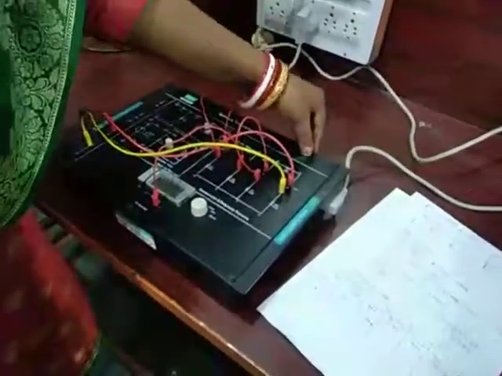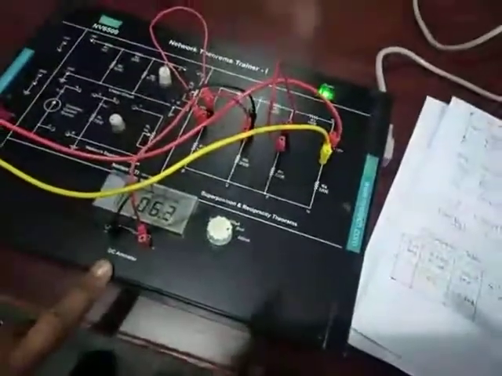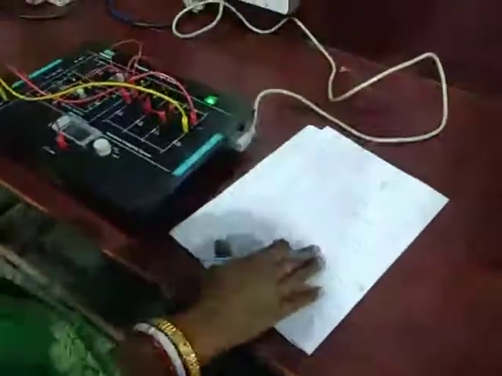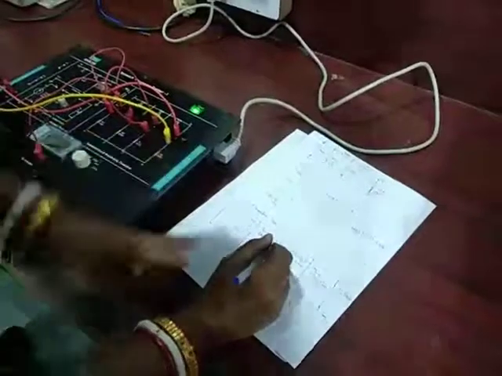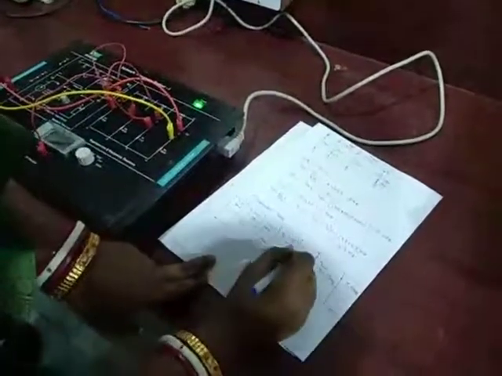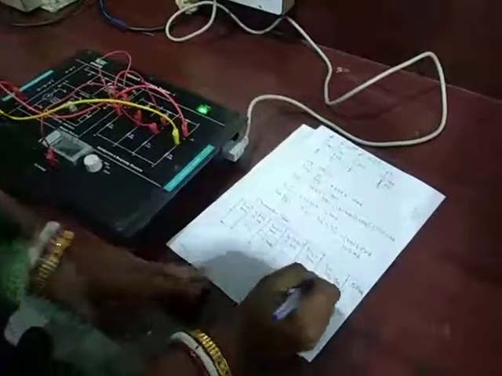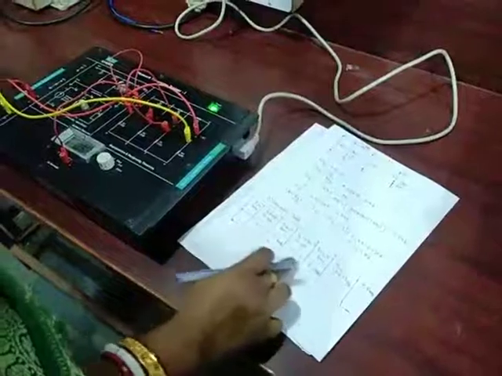Now I give supply. It reads 6.3 milliampere. So you note down here V2 is the 12 volt and ICD2 is 6.3 milliampere. Now you add these two, ICD1 and ICD2.